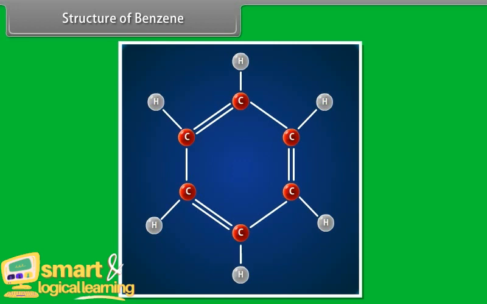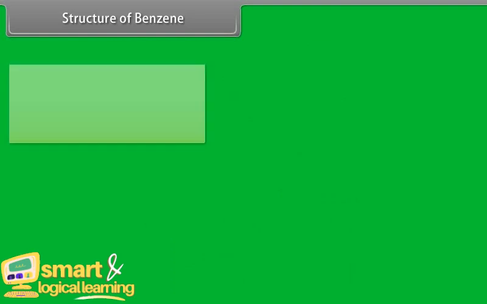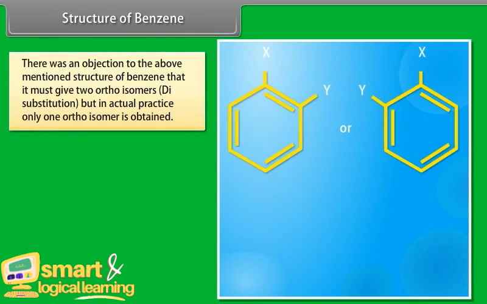There are 3 alternate double bonds between C atoms to complete the 4th valency of carbon. There was an objection to this structure of benzene that it must give 2 ortho isomers on disubstitution, but in actual practice only one ortho isomer is obtained.